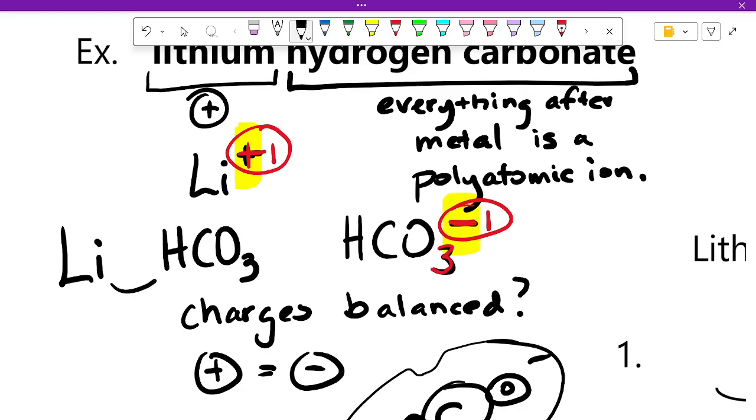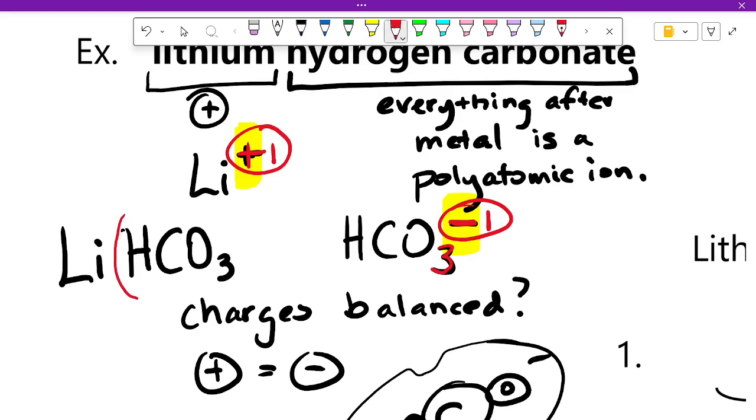Do I leave a big gap? No, no big gaps. HCO3. Do I use brackets? No, no brackets. Okay.